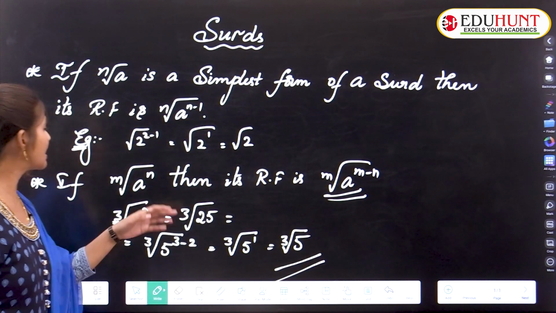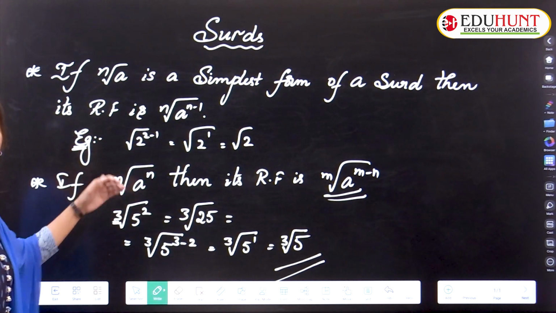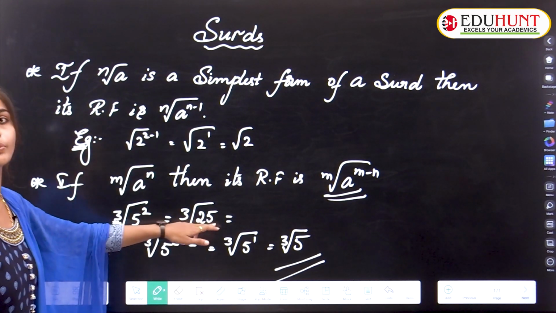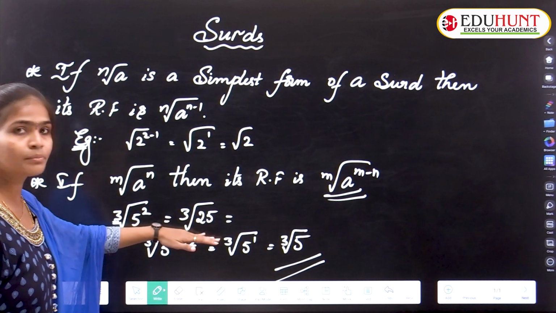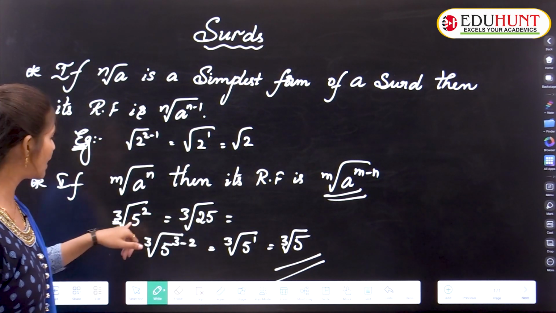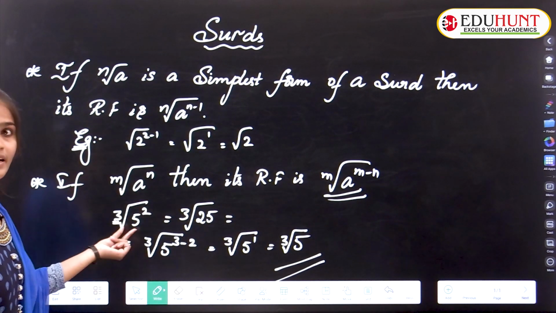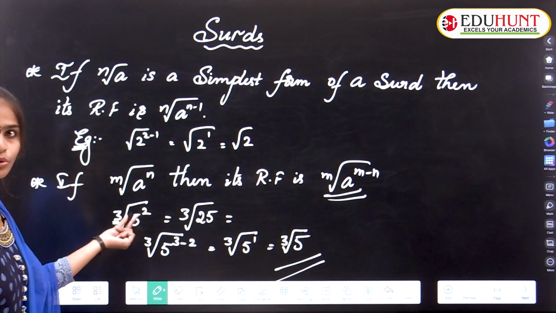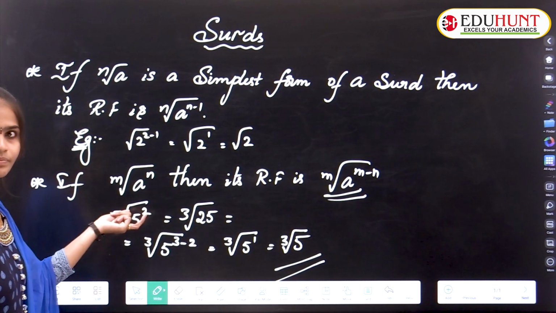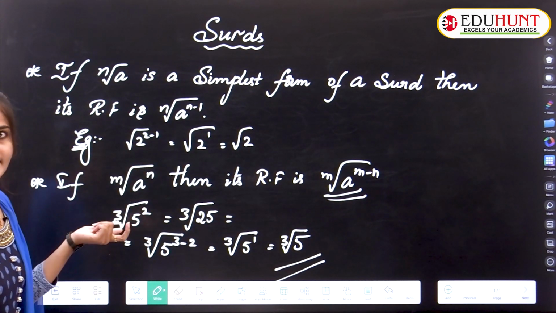Okay, so what is the rationalizing factor of cube root of 5 square or cube root of 25? If it is given like cube root of 25, we just have to write it this way, that is cube root of 5 square. Now this is in the form of mth root of a power n. So what is that rationalizing factor?